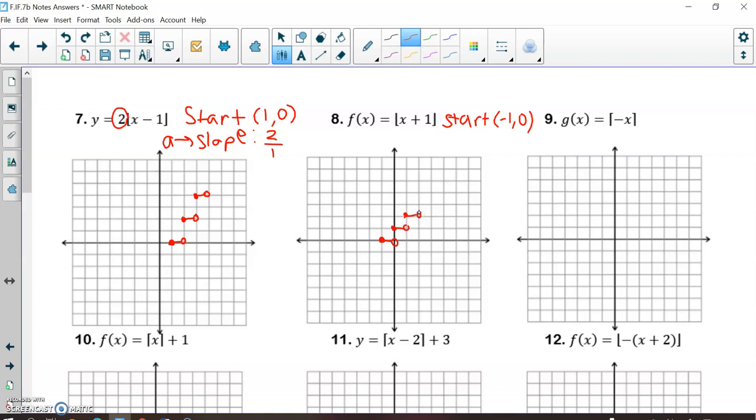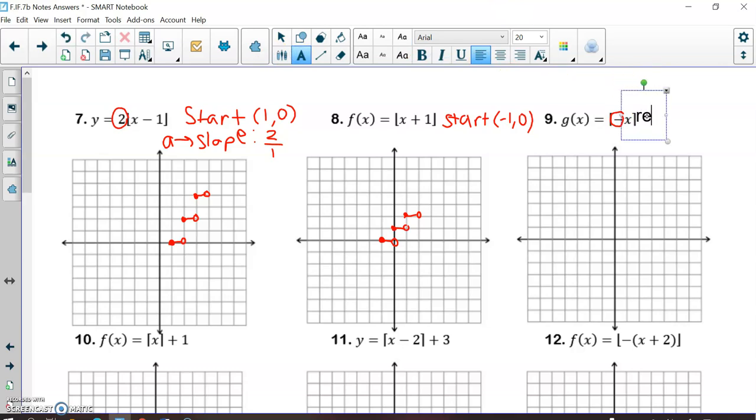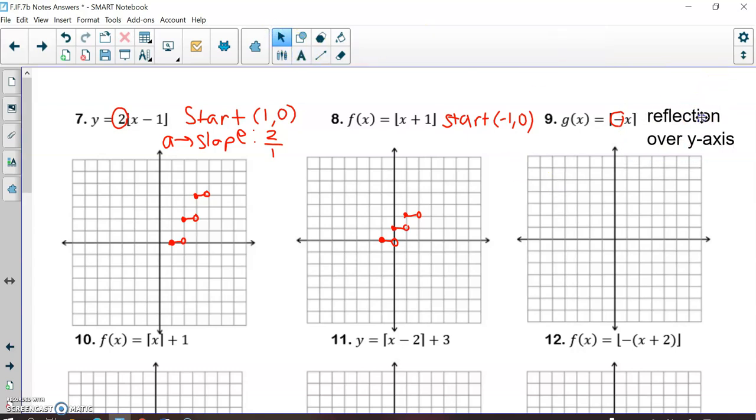All right, now this next one's a little bit tricky because this is really a reflection over the x-axis. And let's write that down. Sorry, reflection over the y-axis. So what this means is that if I had my parent function, which is up like this, and if it's a ceiling, it looks like this. So this is my parent function.